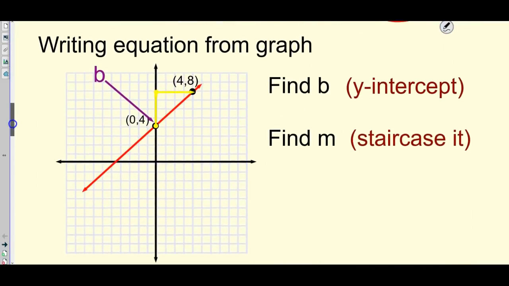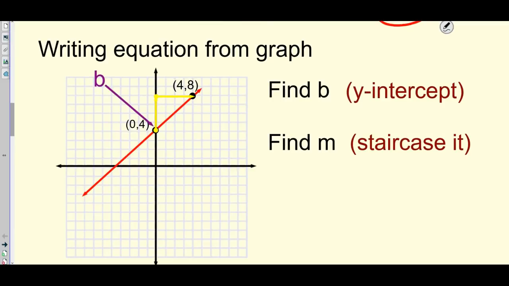If you're asked to write an equation from a graph, again, the two things that you need are a b, that y-intercept. So I'm writing an equation. I find my b, which is my y-intercept. That's going to be 4. My slope is the staircase when you do this. So we go up 1, 2, 3, 4, and over 1, 2, 3, 4.